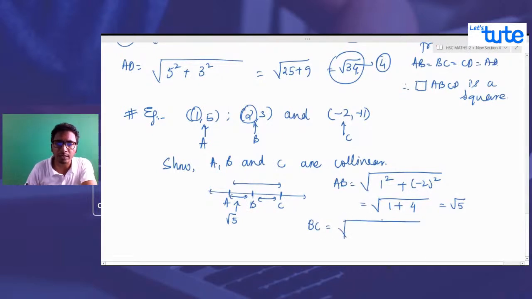For BC, we have to use these two, correct? So that would be negative 2, negative 2. So it will be negative 4, right? This minus this. So negative 2, negative 2. Negative 4 squared. It is 16, correct? 16. Negative 11, negative 3. It would be negative 14.